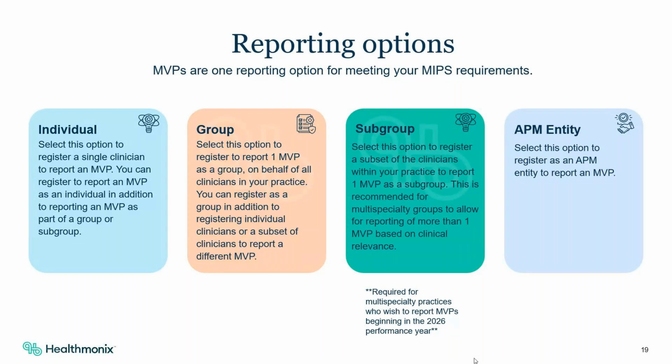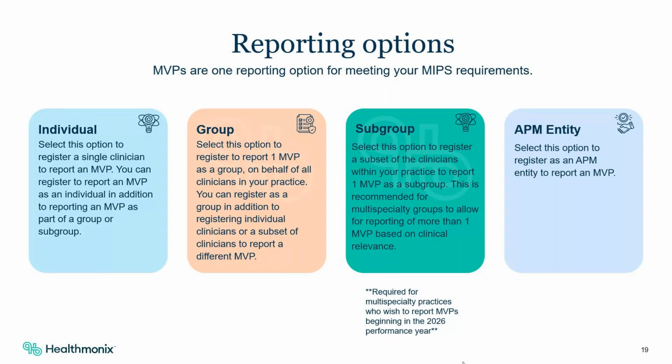So, with subgroups, in 2024 and 2025 you can pick and choose the clinicians that are going to be part of your subgroup. So, if you have three anesthesiologists and five surgical specialists, you can do the anesthesiology MVP for the three of them, and then the other five can do group reporting, which would include everybody, and we'll get over that, or individual reporting, or if they didn't even need to report because they were below the threshold, you can move things around like that, and you'll see some examples in a little bit.